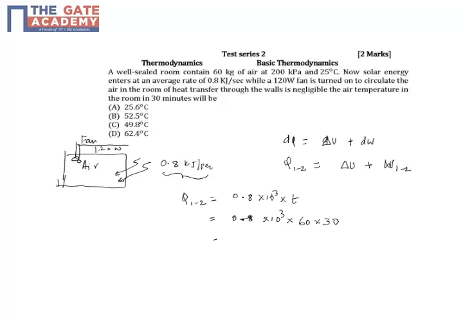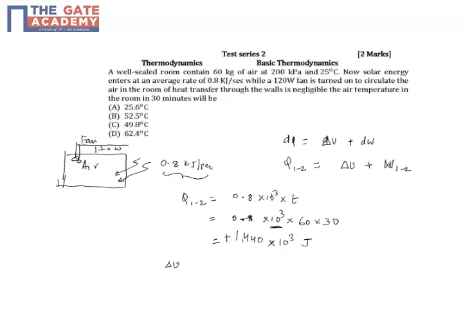I will write it in kilojoules, so this 10 power 3 will come in joules. This is basically 1440 into 10 power 3 joules. This is the heat addition, and it is positive because heat is getting added by the solar energy.